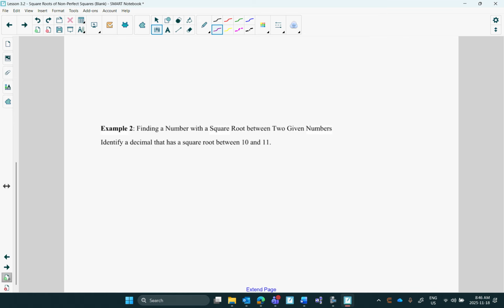What's the square root of 10.5? Use calculator. 3.2. Is that between 10 and 11? No. So you're not asked to find a number between 10 and 11 to take its square root. You're asked to find the number that when you take the square root, you get between 10 and 11.